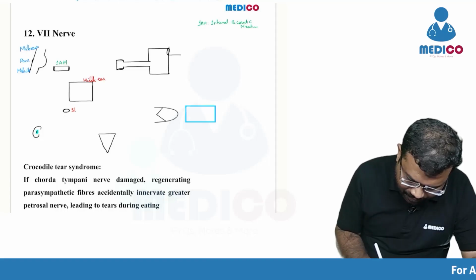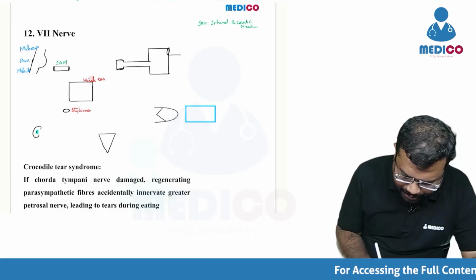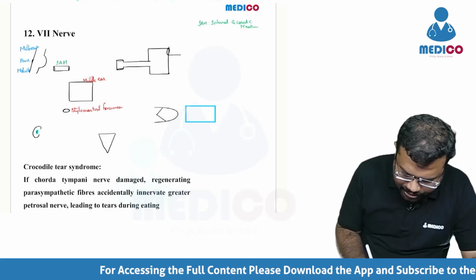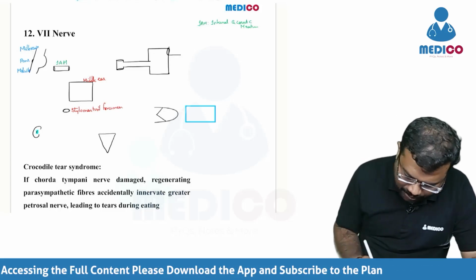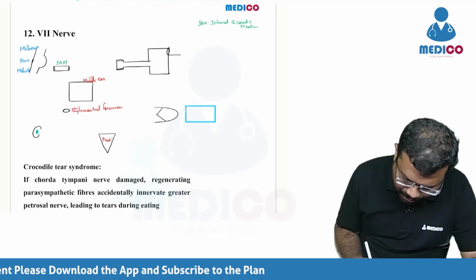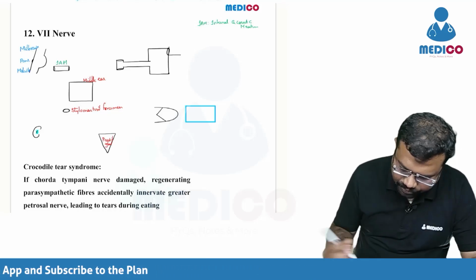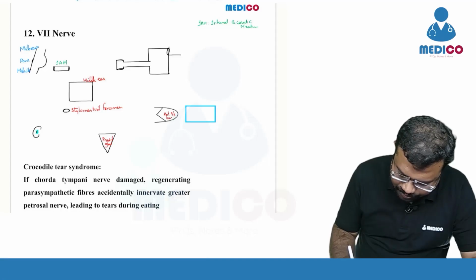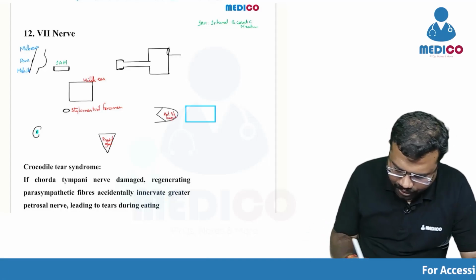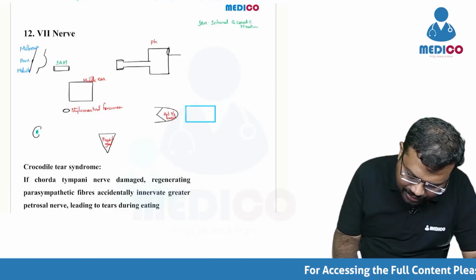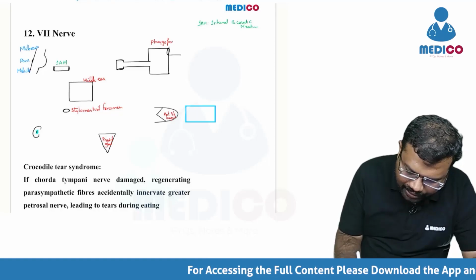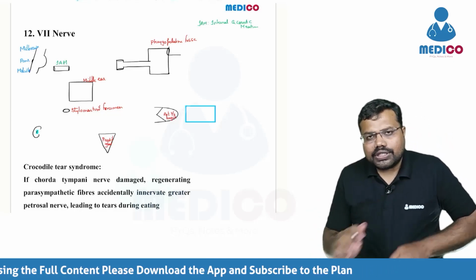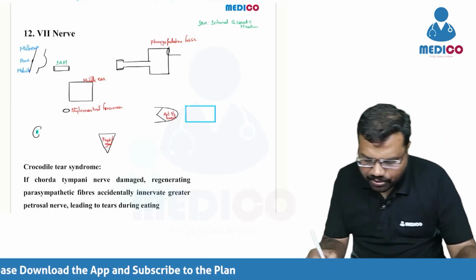And behind that middle ear, we have the stylomastoid foramen. Just in front and below the stylomastoid foramen, we have a gland called the parotid gland. Let's imagine this is the anterior two-thirds of the tongue, and this is the pterygopalatine fossa. This is the outline skeleton of how the facial nerve comes out.